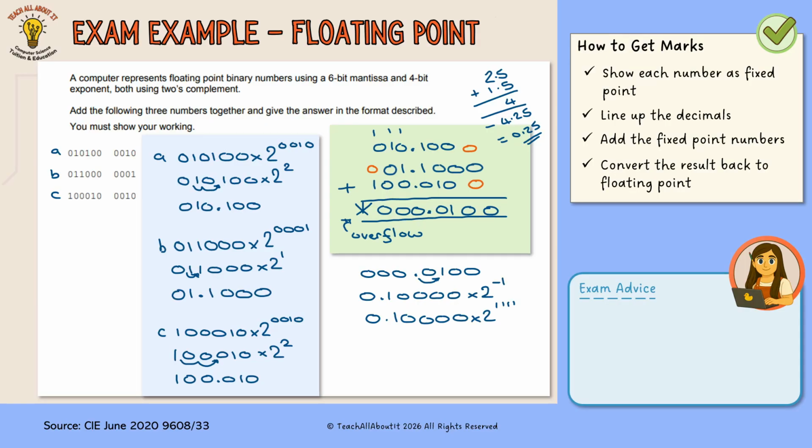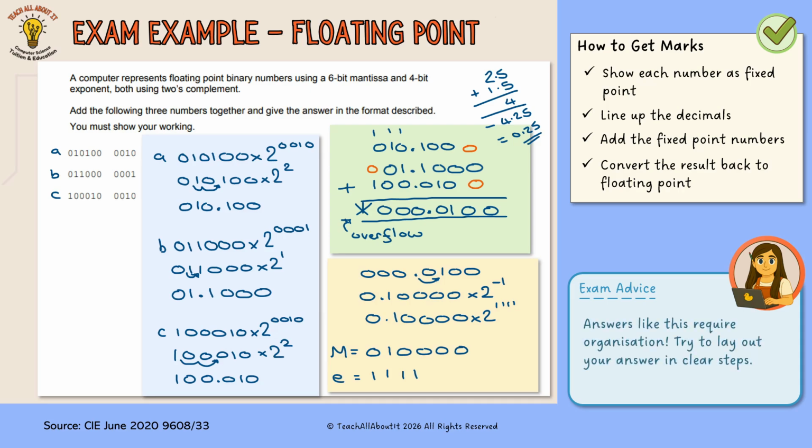So the final part of this is to then show very clearly that we have a mantissa. And again, you don't need the decimal point for this because it's now inferred. And then we have our exponent of where we put our decimal point. So where do we put that decimal point back in order to get us back to the original number? So answers like this are really complicated and you're going to be given marks for all of the different elements.